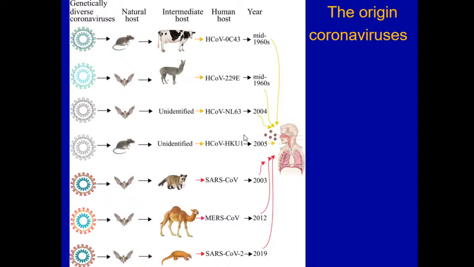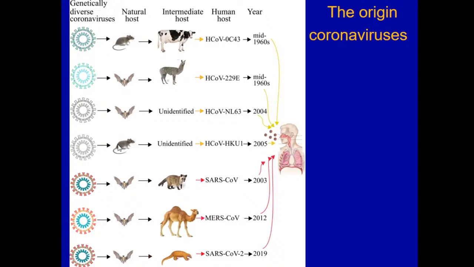I won't talk so much about the viruses that appeared before, as they are not very dangerous to the human population. Two coronaviruses appeared in 2004 and 2005, but they didn't have any real importance in the social and economic state of the world because they were very mild.